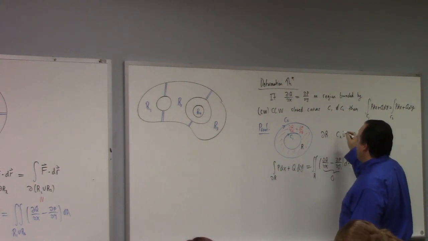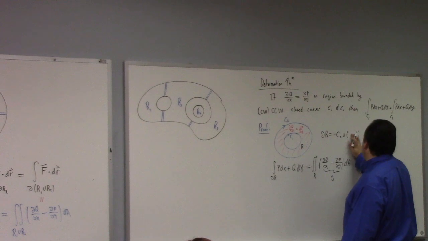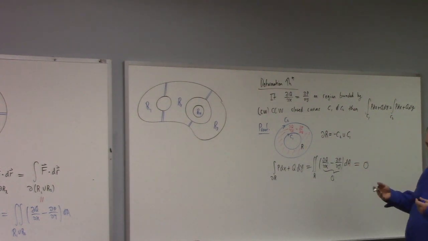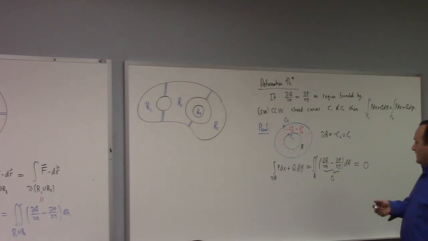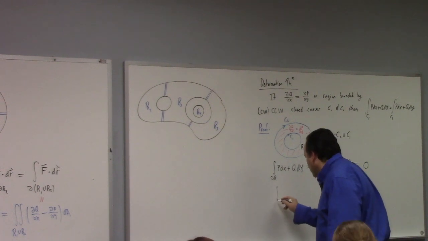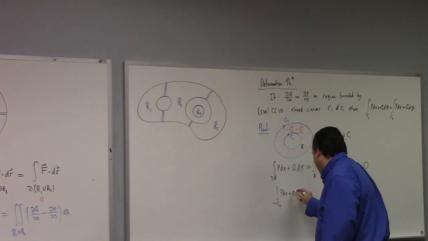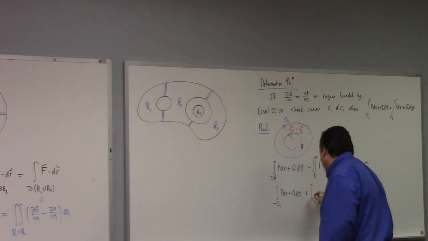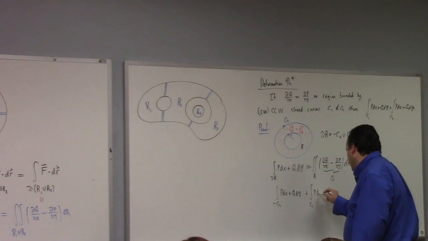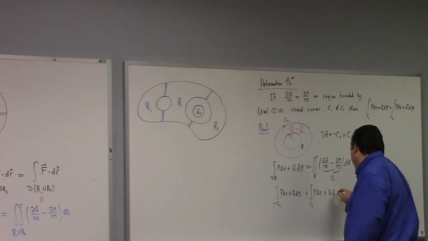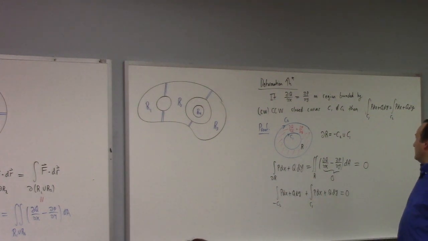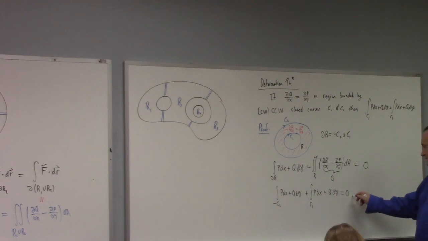However, if I write that, I need to put the minus on C2 and leave C1 well enough alone because it's a clockwise oriented inner curve, which is allowed, in fact demanded, by the notation partial R. So long story short, this is the integral along minus C2 of p dx plus q dy plus the integral over C1 of p dx plus q dy equals 0, which gives what?